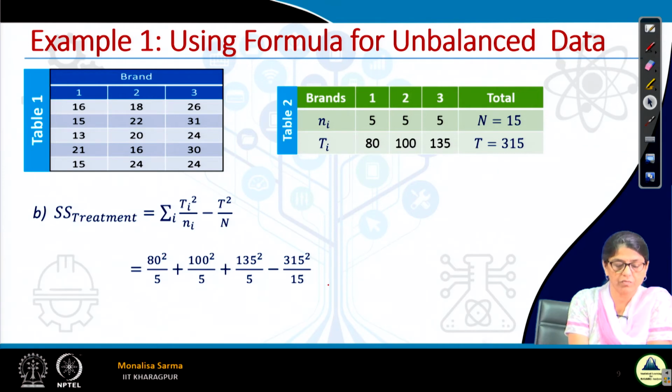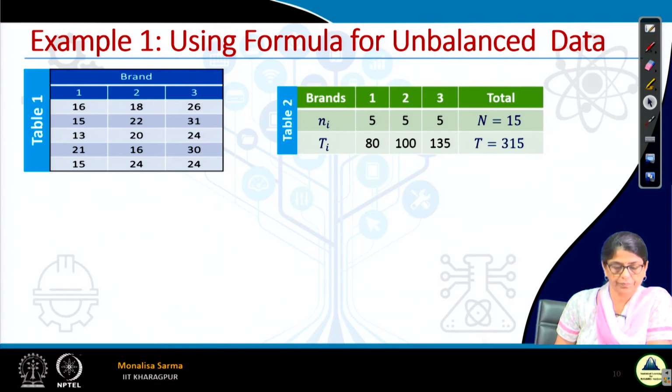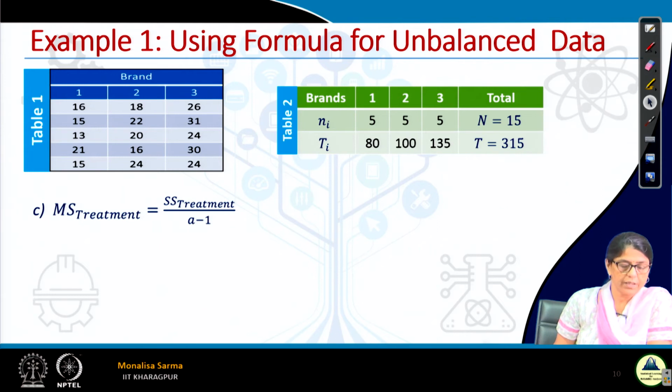Putting the values here, we found the value of SS treatment. Once you know SS treatment, then we can find MS treatment, SS treatment by a minus 1, that is the number of treatments minus 1. So that is MS treatment. Okay.